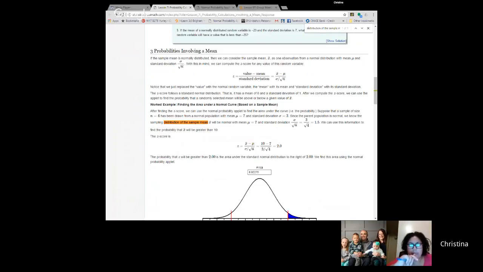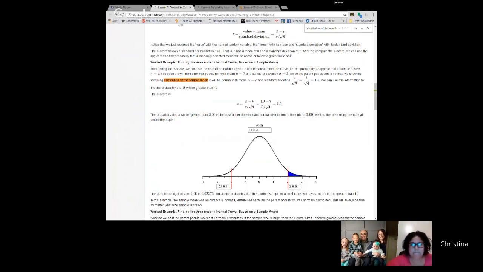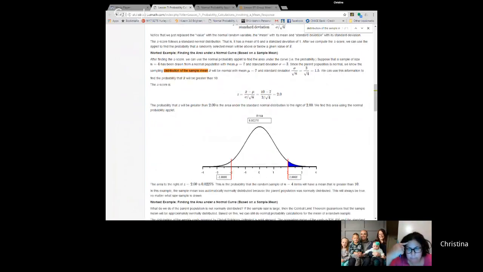Since the parent population is normal, we know that the sampling distribution of the sample mean will be normal with mean 7 and standard deviation of 3 divided by the square root of 4. This probability of z will be greater.